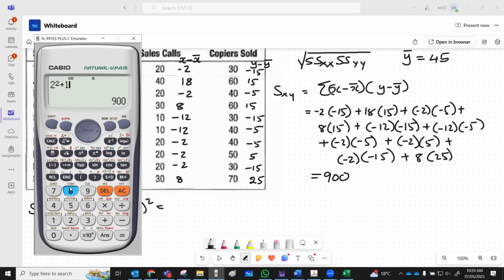And then I have 18 squared, I have 2 squared, and then I have 8 squared, I have 12 squared, and I have 12 squared, and I have 2 squared, and 2 squared, and another 2 squared, and then I have 8 squared. So I hope I haven't made any mistakes. So this gives me 760.